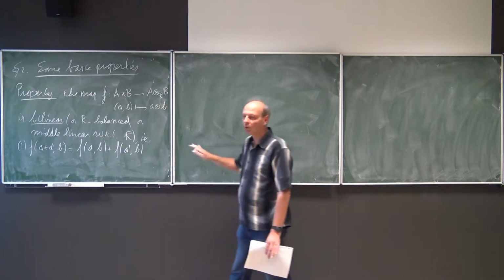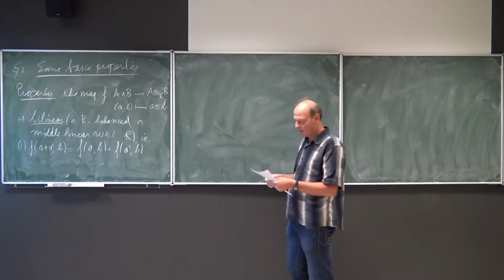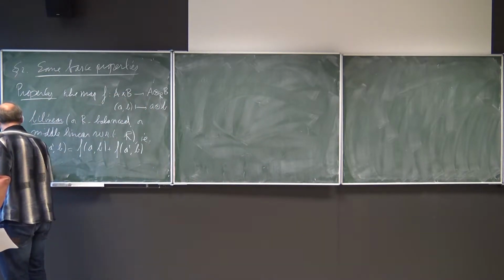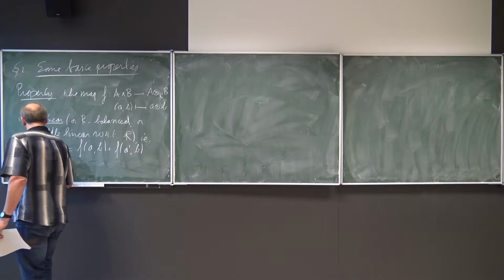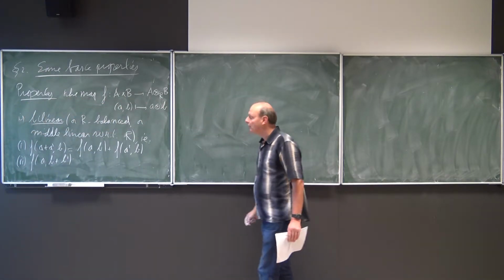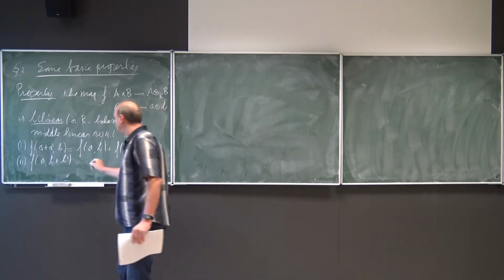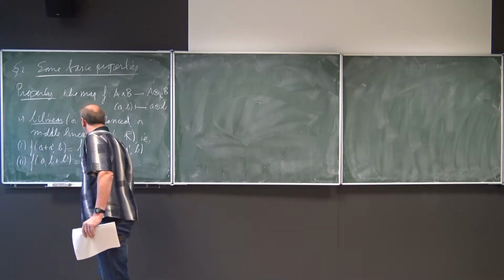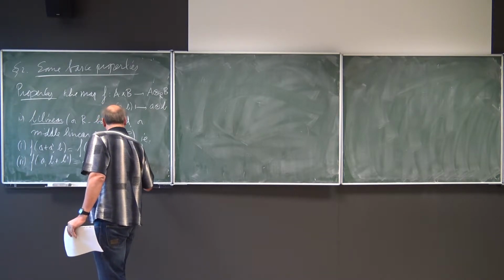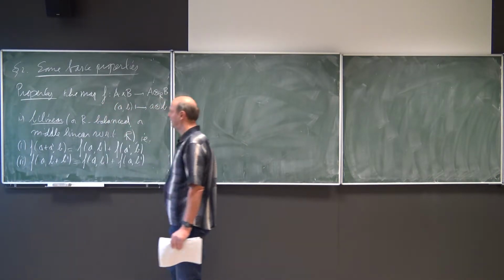And again, this holds for all a, a' in A and b in B. And similarly, the relation I imposed in the second coordinate will tell me that f of (a, b plus b') is the same as f of (a, b) plus f of (a, b').